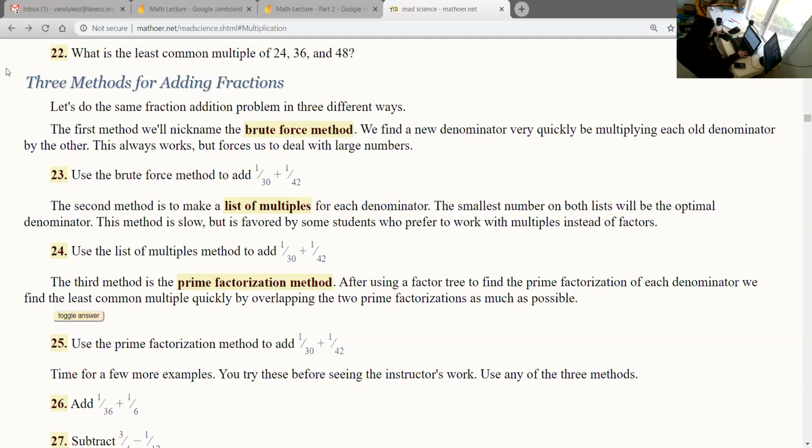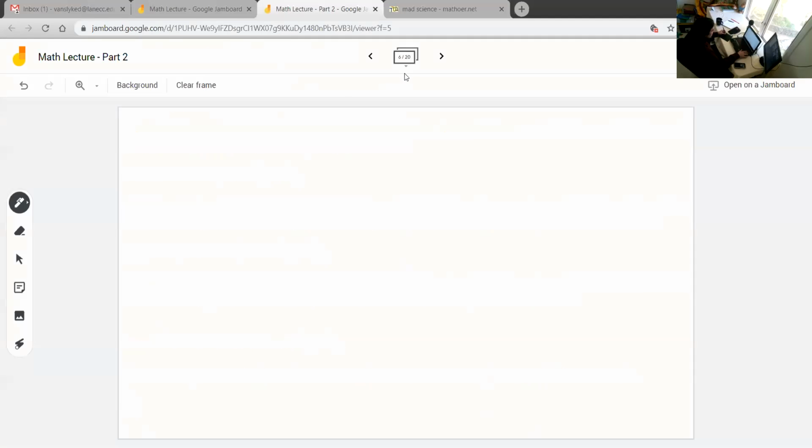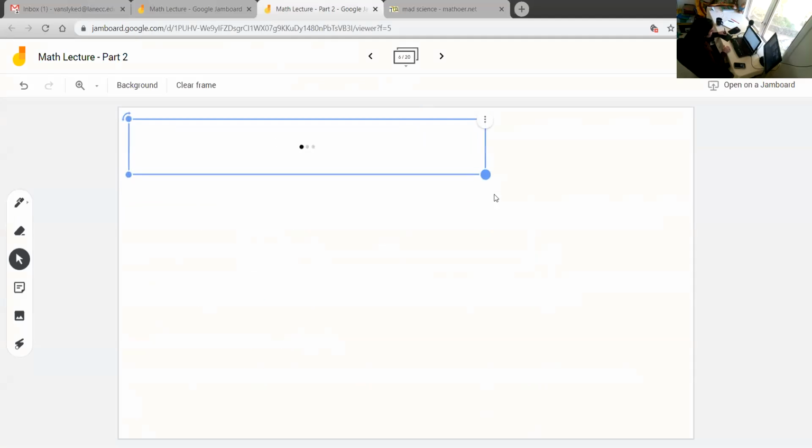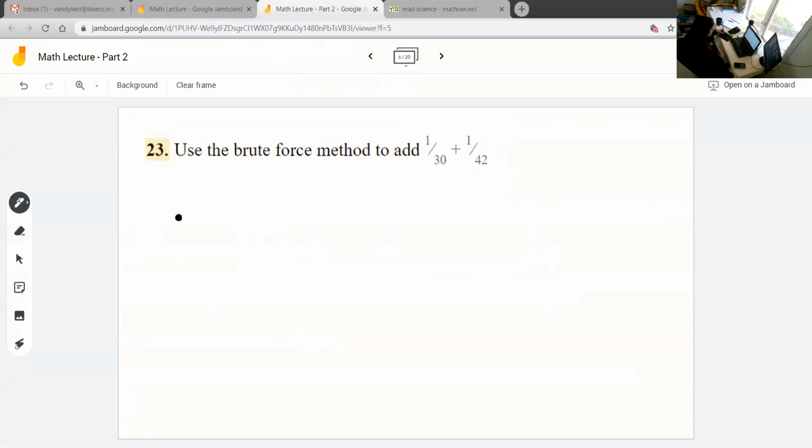So we could do the brute force method. And say that 1/30th plus 1/42nd, I'm just going to multiply each denominator by the other. That always works. Whatever 30 times 42 is, it's there both times now.